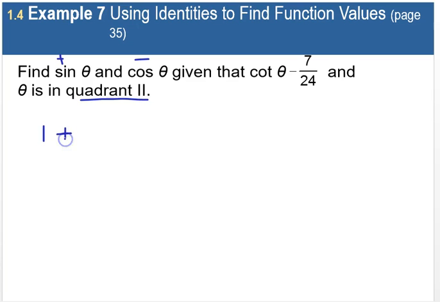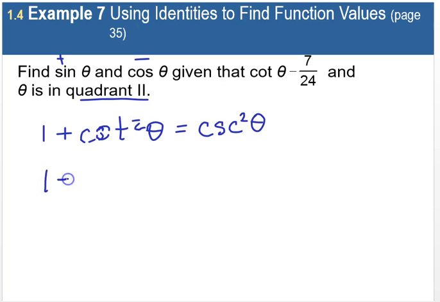1 plus cotangent squared theta is equal to cosecant squared theta. Plug in cotangent into your cotangent squared. So 1 plus 7 over 24 squared.